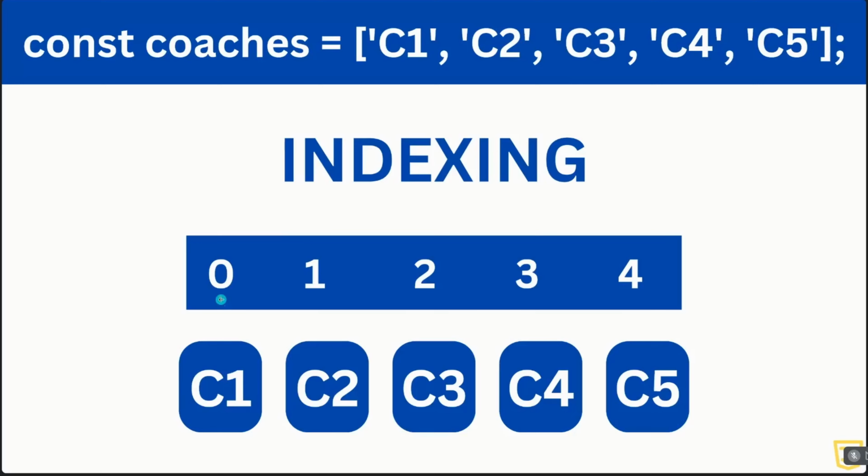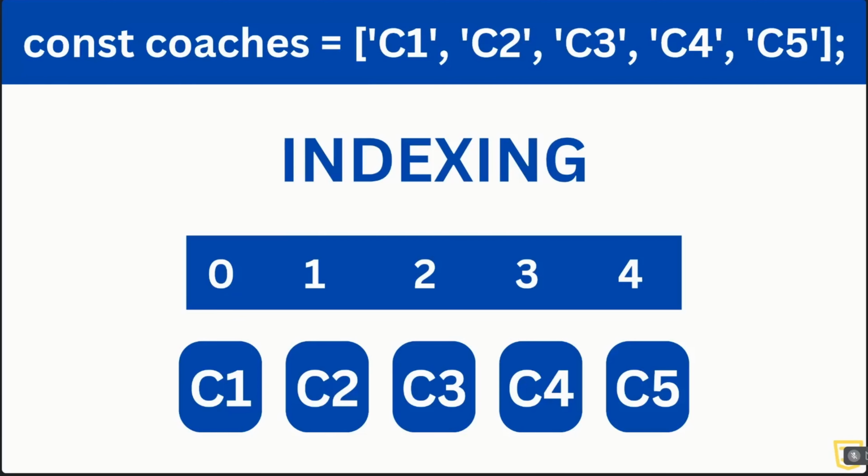That is the reason arrays are also 0 indexed, which means the index of the very first element is 0, 1, 2, 3, 4, all the way to the end of an array. All right, so the indexes always increment by 1, and it always starts with a 0, which means there is a sequence in which they are arranged or kept in an array as elements of an array.